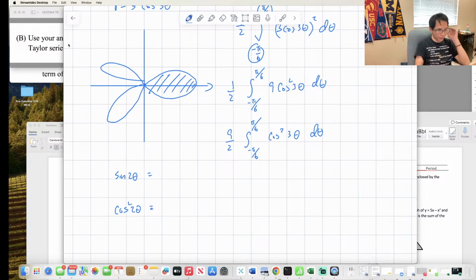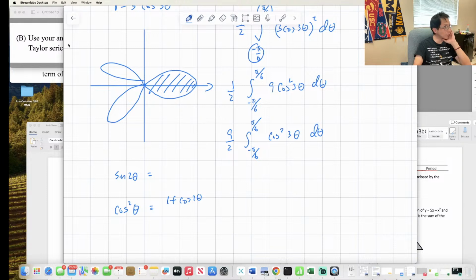Cosine squared theta is equal to what? Oh, sorry, cosine squared theta is equal to what? 1 plus cosine 2 theta.